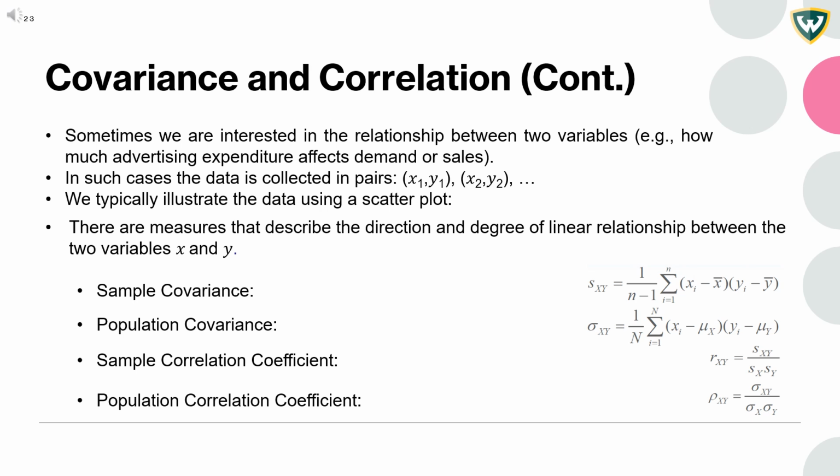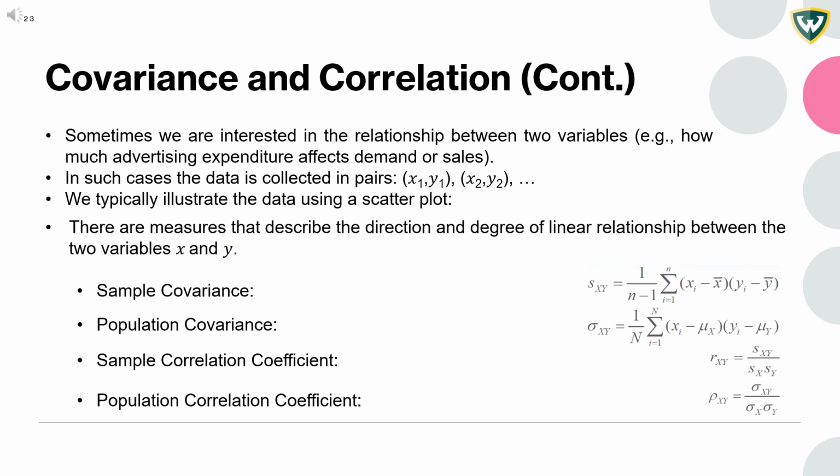Specifically, it indicates whether an increase in one variable would correspond to an increase, positive covariance, or a decrease, negative covariance, in another variable. For instance, if we consider variables such as advertising expenditure and sales revenue, a positive covariance would suggest that as advertising increases, sales also tend to rise.